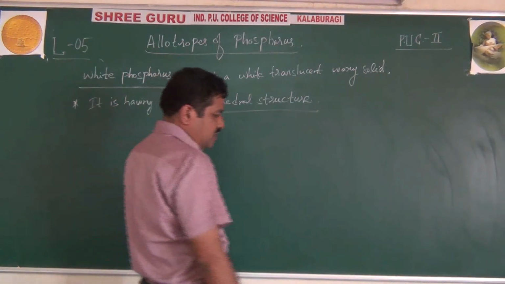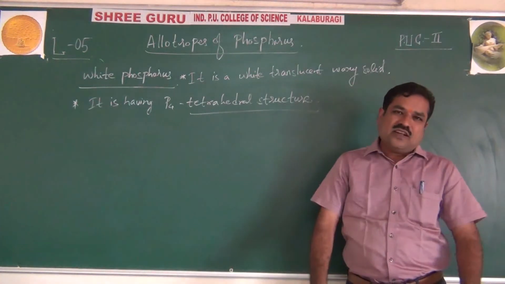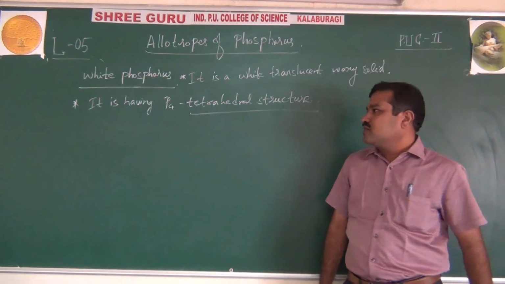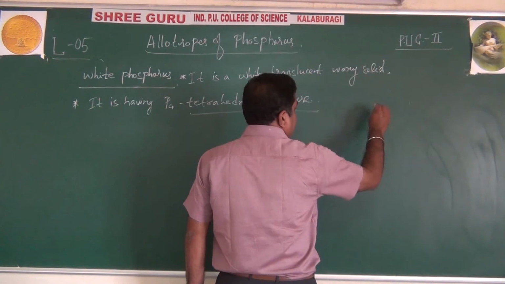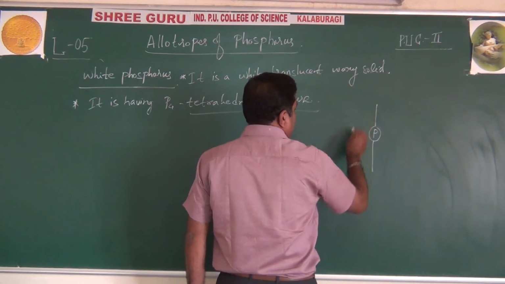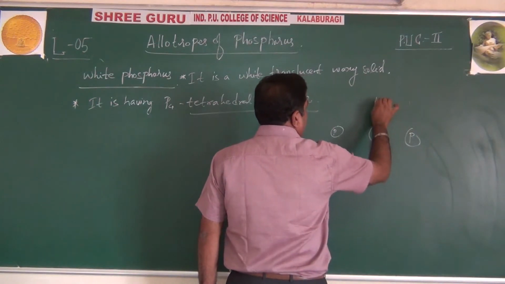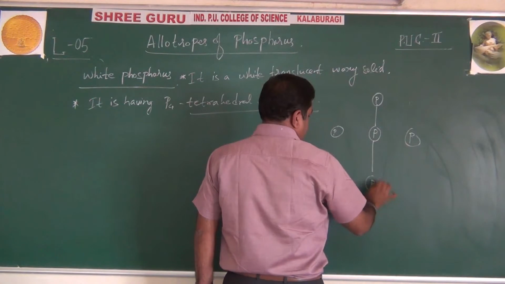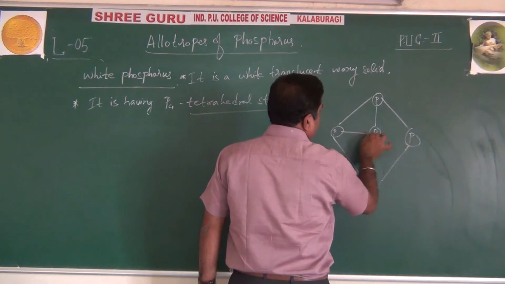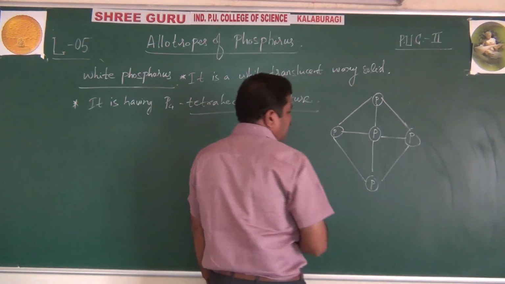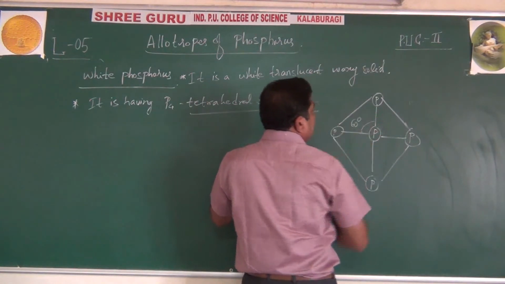That means each phosphorus atom is bonded to 3 other phosphorus atoms through covalent bonds, and you can write it like this: phosphorus, phosphorus. This is the tetrahedral structure for white phosphorus, and it has a bond angle of 60 degrees.